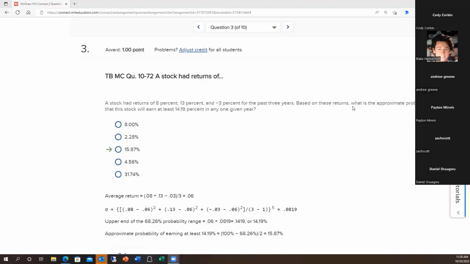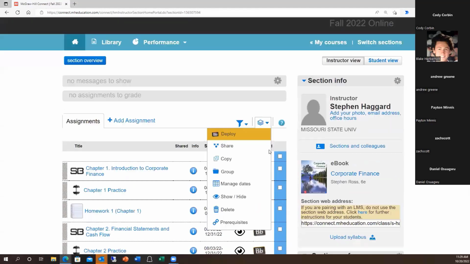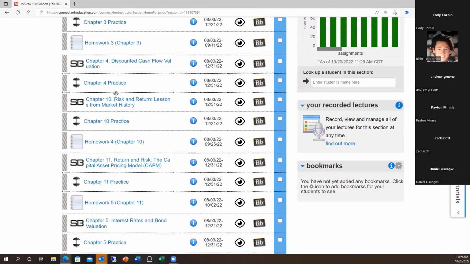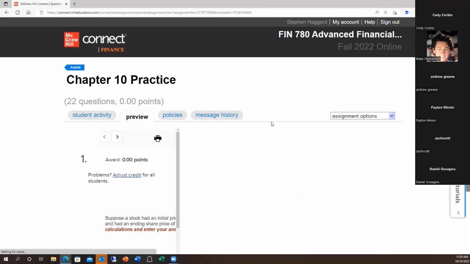Based on these returns, what is the approximate probability that the stock will earn at least 14.19% in any given year? My bad, I meant the practice chapter 10, practice number 3. Okay, here we go.